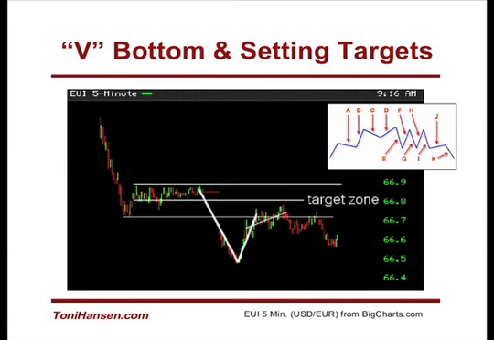Here's an example of where the momentum did begin clearly to have a strong upside move coming off of the V bottom. And it had this congestion zone here as resistance. So the middle of that congestion zone is often going to be the strongest resistance when you're looking at congestion zones.